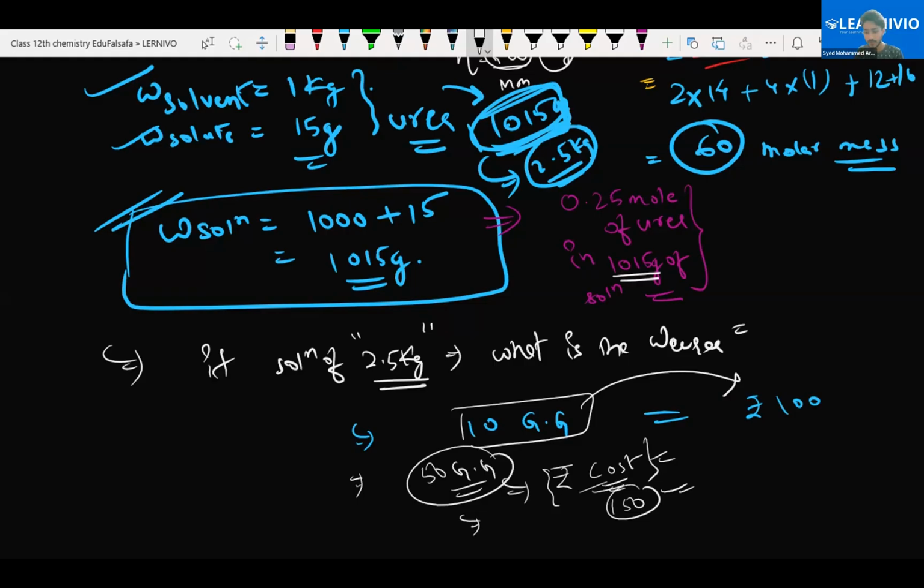No, look. First, if you need to find this, you should know the price of one golgappa. If you know the price of one golgappa, you just multiply by 50 to get the price of 50 golgappa.